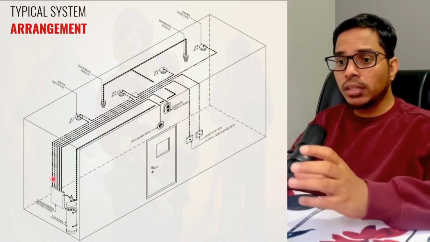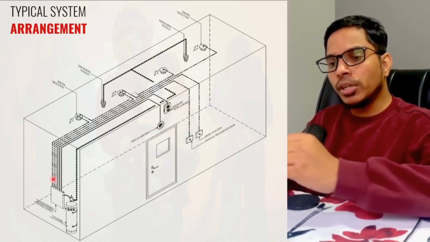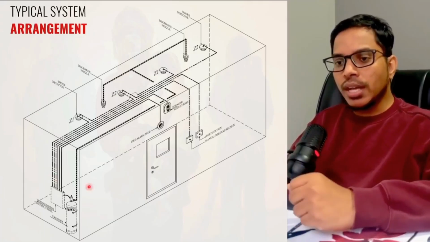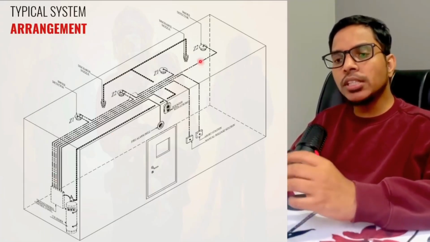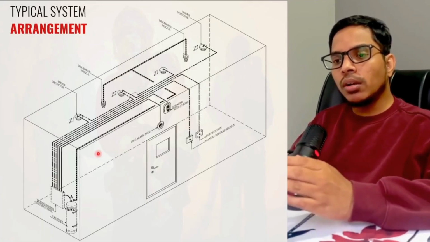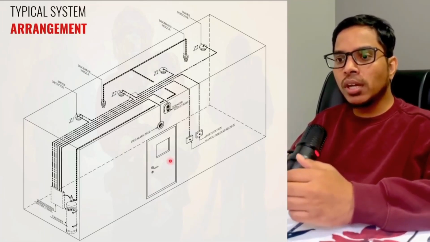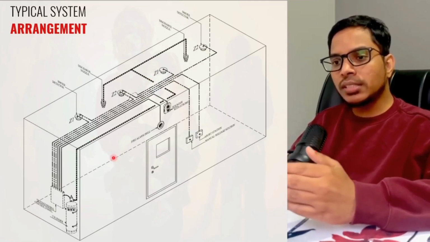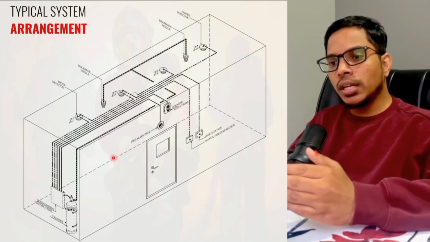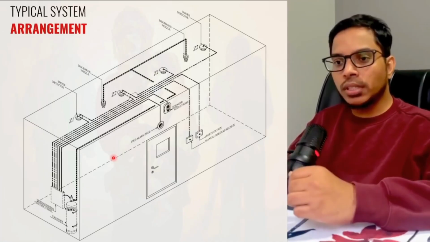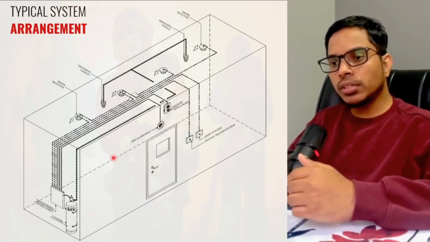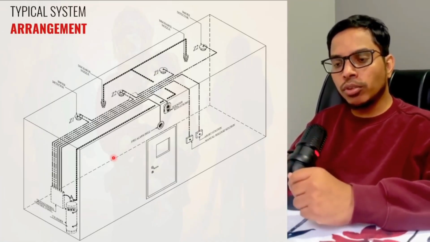During this delay, one more operation has to be done: the HVAC equipment in this room shall shut down, and dampers shall be closed to seal the room so that the gas is not released outside. There is a concept of design concentration and all those things we are going to discuss in further classes.